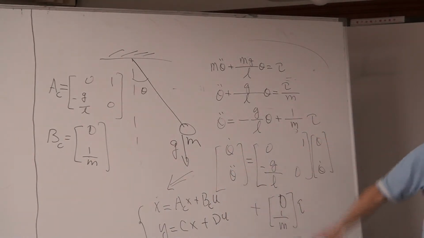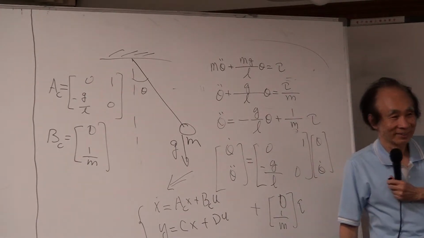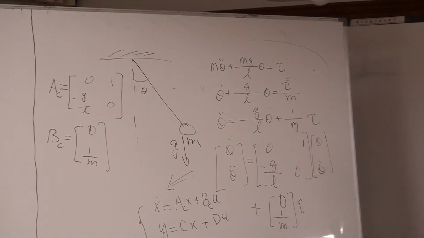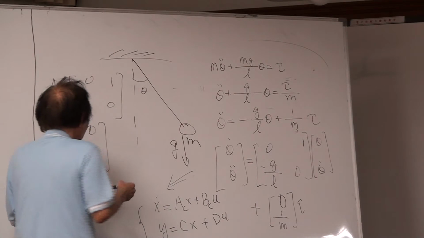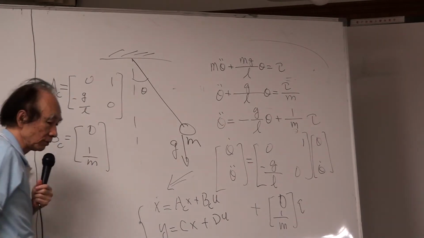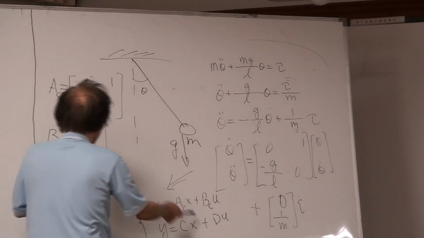Copy it. When the exam is coming up, don't say, oh teacher, you wrote it wrong. Now, but we know AC and BC are not unique. Now, I write from here to there.